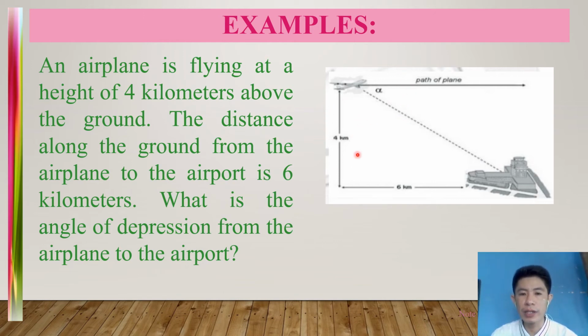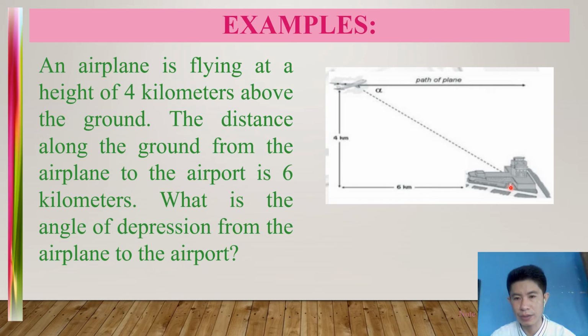Okay, so we will use these dimensions or lengths in solving this problem because we are looking for this triangle, but the given is here. As you can see in the problem, if this is 4 kilometers above, and if there is this horizontal line, then we can conclude that this line is also 4 kilometers.